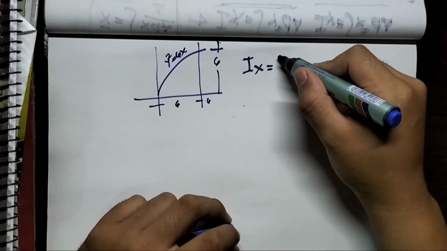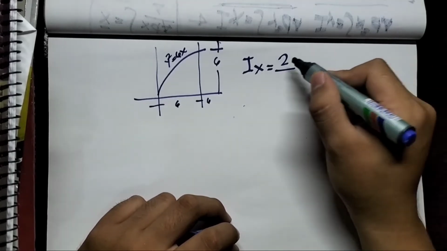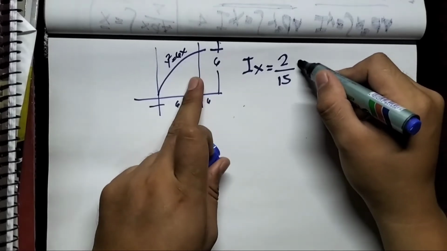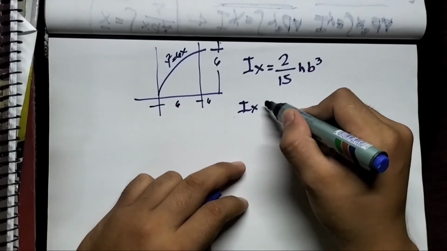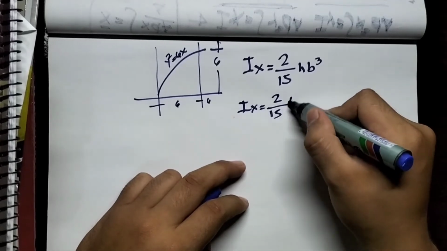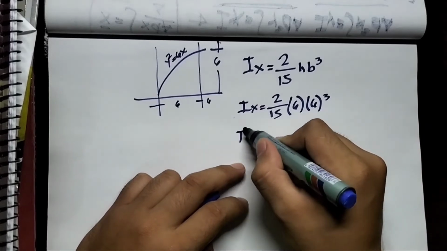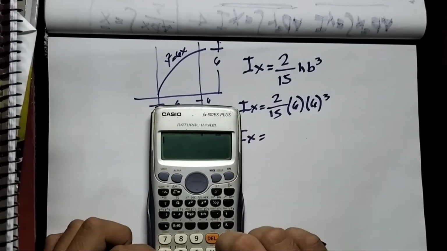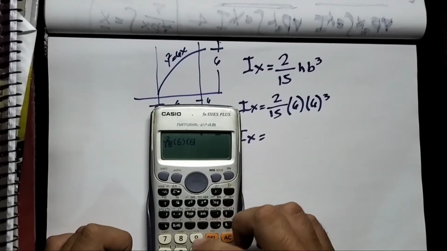So gamit ang formula, ang pinapahanap 'di ba is moment of inertia with respect to x. Our derived formula in parabolic segment is 2 over 15 times height h times b cubed. So Ix will be equal to 2 over 15 times 6 times 6 cubed.